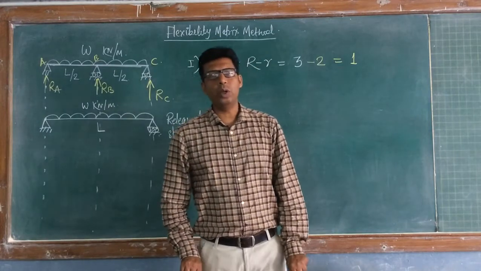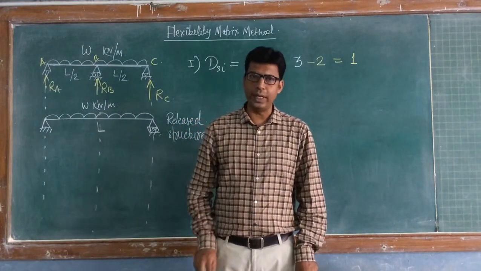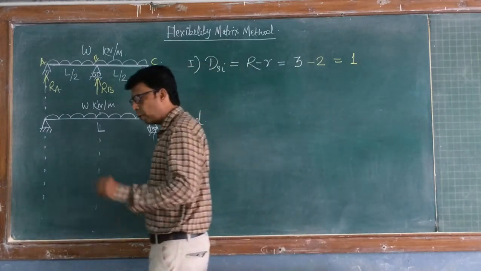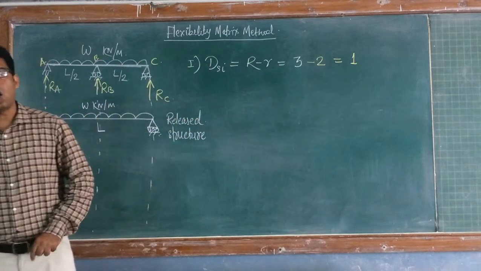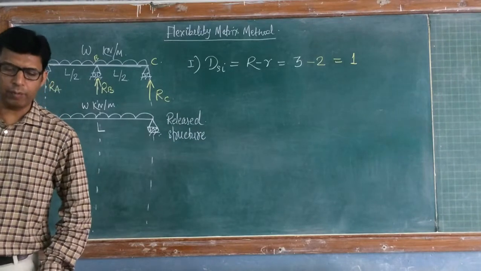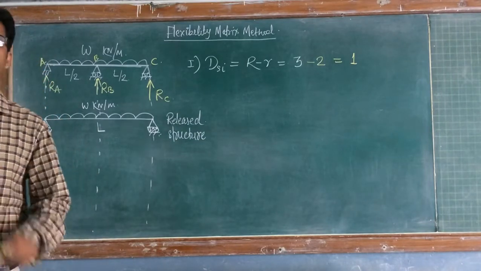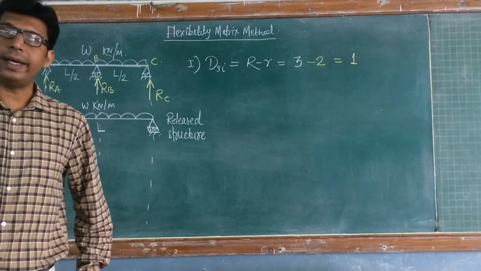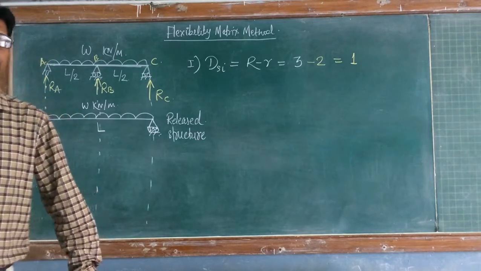Next we have to draw the unit load figure. Unit load figure means we have to remove all externally applied forces and apply a unit load at the point where your unknown reaction is acting.